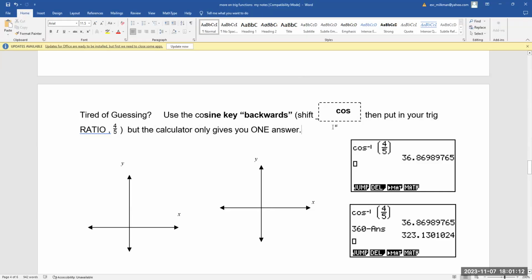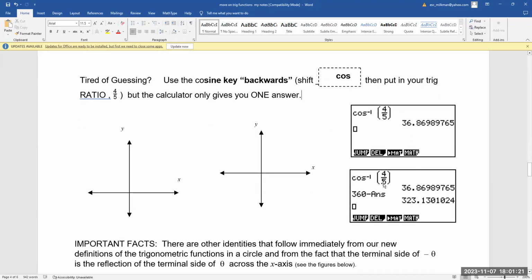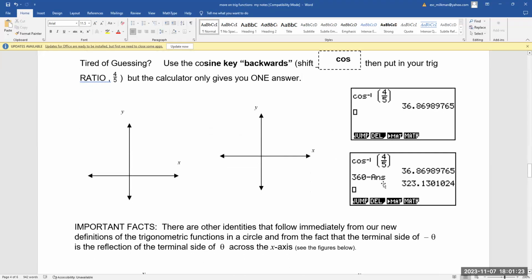Push shift cos, then put in your trig ratio 4/5. The calculator only gives you this one answer. These are in degrees. Make sure you put degrees, don't put 36 radians on that. That's a long way around the circle.